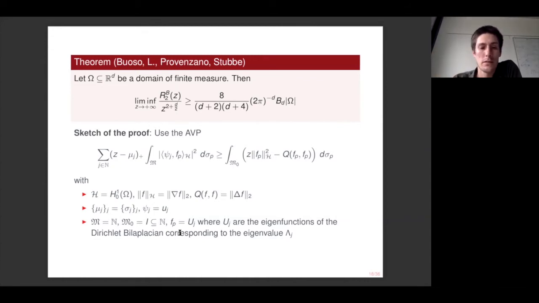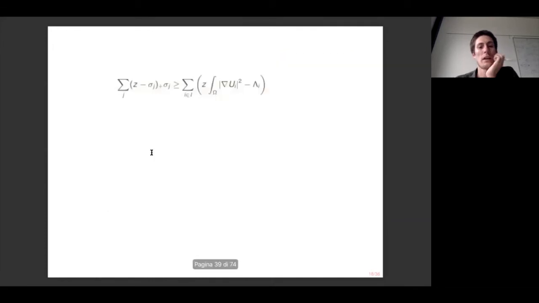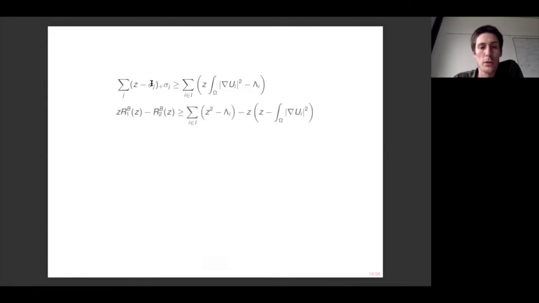So by plugging in all these choices in the average variational principle, one can recover an inequality of this form here, where one does not have exactly the first Riesz mean, because there is also this eigenvalue multiplying it. However, it is possible to rewrite this quantity as a difference between the first and the second Riesz mean, and also rewrite the right-hand side in this way, simply by adding and subtracting z squared. So at this point, we want to be able to deal with this right-hand side. We want Riesz means of known problems to appear in this right-hand side.